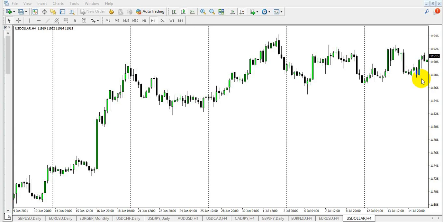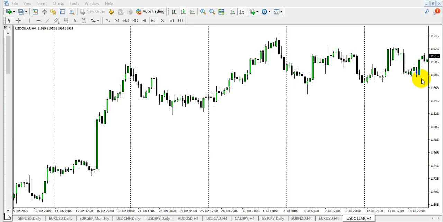We talked about the bullish market structure as a market structure that makes a series of higher highs and higher lows, and a bearish market structure as a market structure that makes a series of lower highs and lower lows. And we also talked about the range market, the market without direction. It neither moves up nor down. The bullish market structure moves up, the bearish market structure moves down.